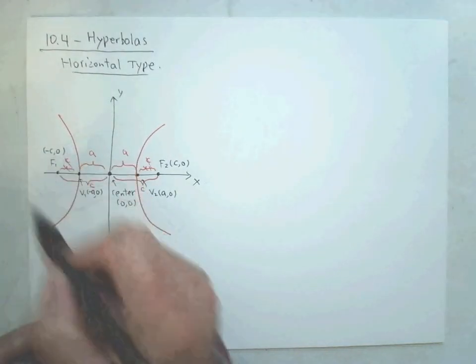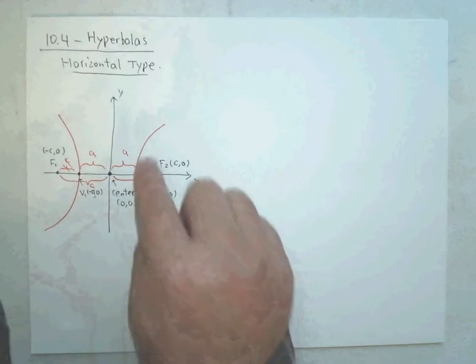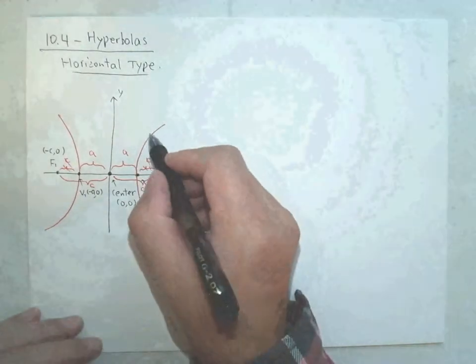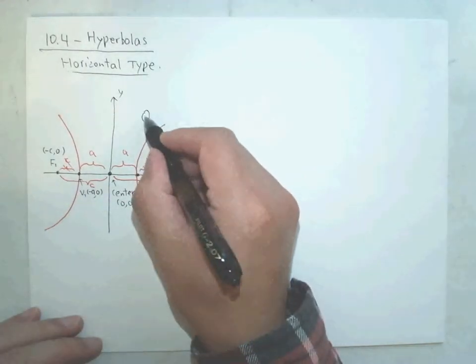We have almost done. Why do we have this graph? The definition is this: take any point on the hyperbola, say Q with coordinates (x, y).